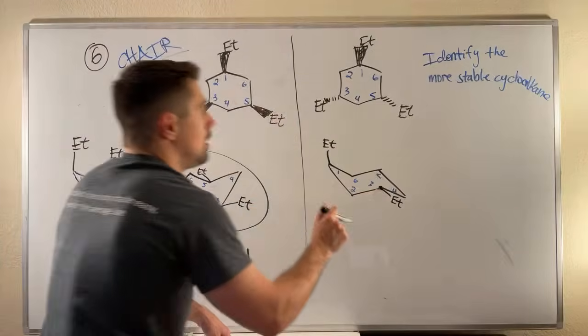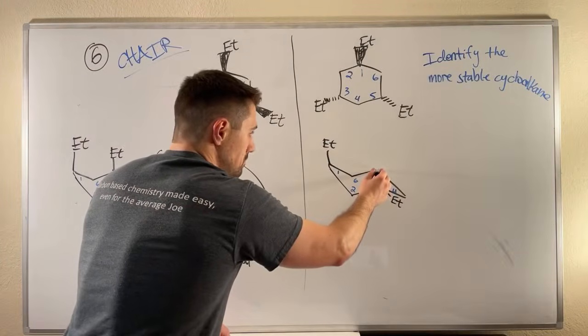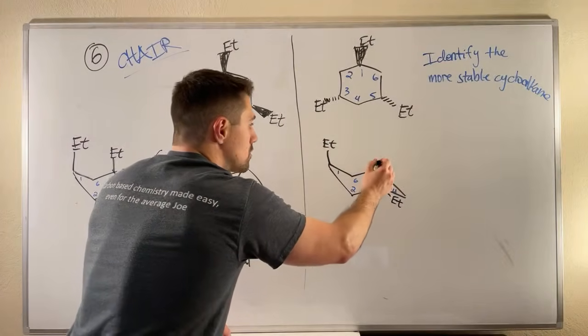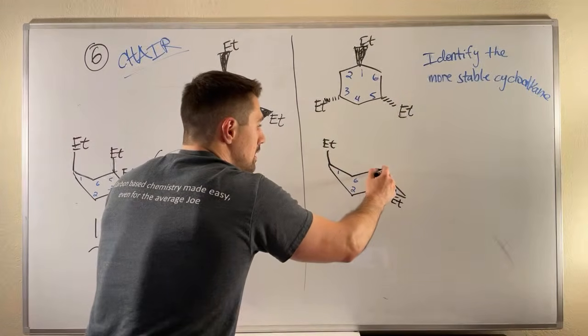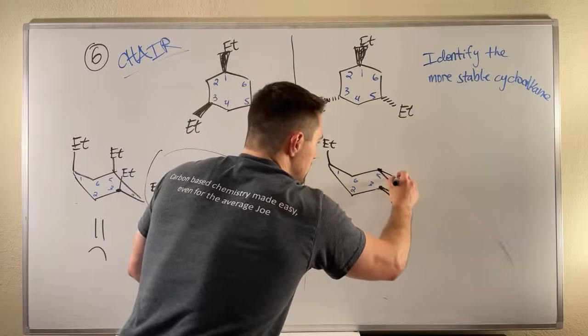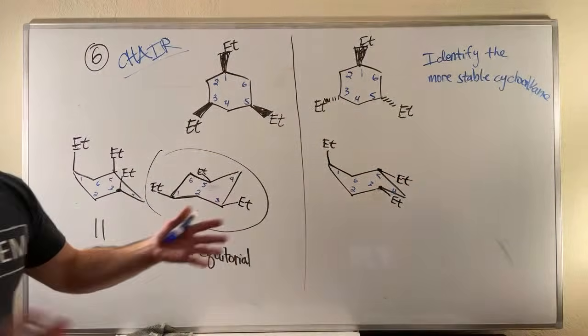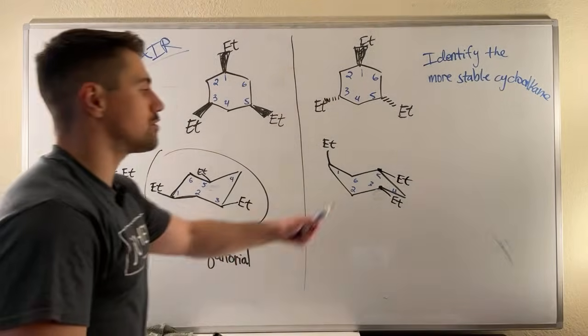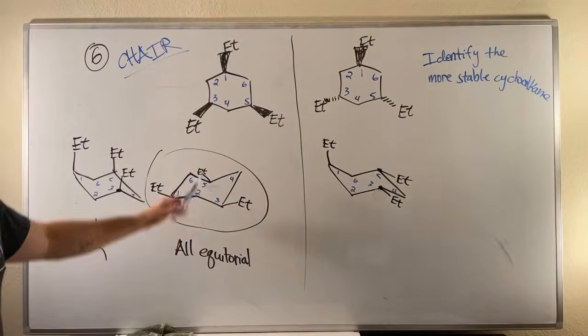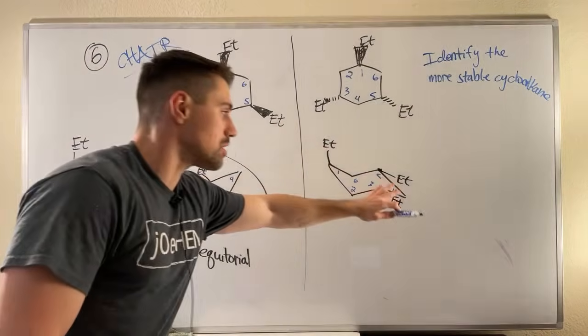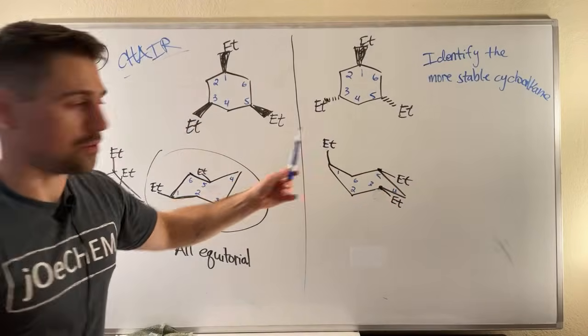And then 4, 5, we're at a peak here. This is down. So at a peak, down is slightly down like this, at equatorial. Okay, so we have 2 equatorial, 1 axial. This is not better than this. All equatorial beats the fact that only 2 of these groups are equatorial and 1 is axial.